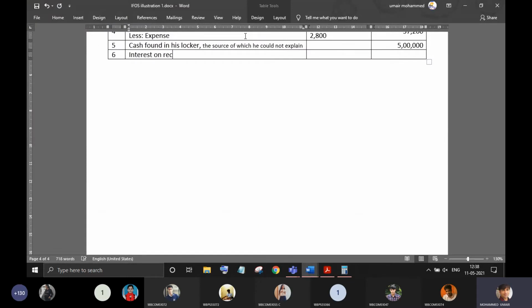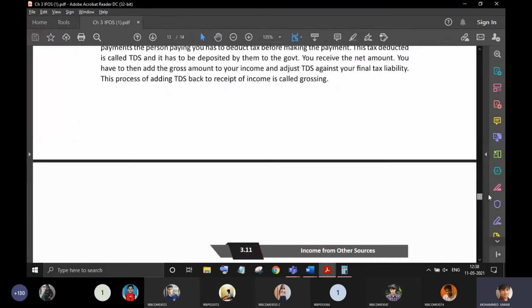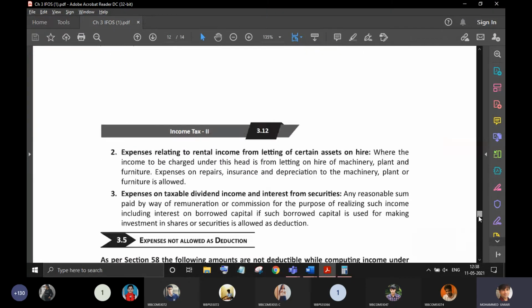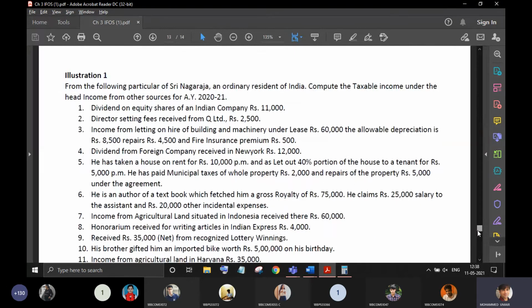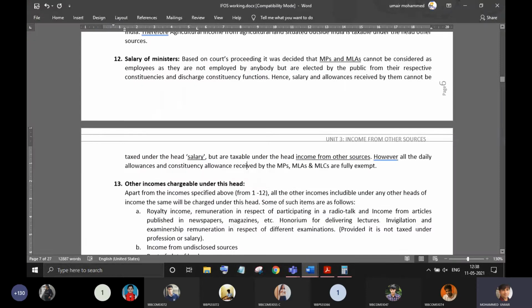Interest on recurring deposit, 32,000. What is the rule pertaining to TDS on deposits? Let's quickly review that. TDS on deposits is applicable if the interest received during the previous year exceeds 40,000 rupees.